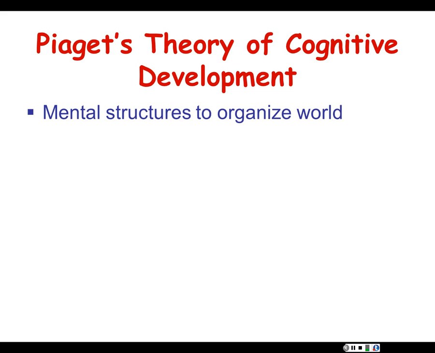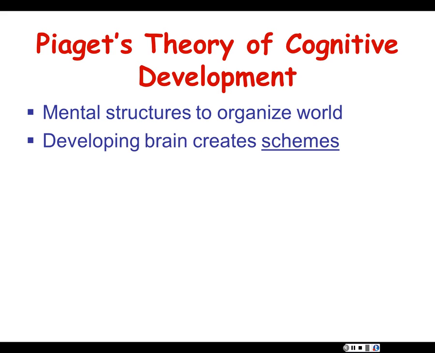So in every stage of development, in his entire theory of cognitive development, we go through this process of concept formation. What we're doing is we're developing schemes or schemas. It kind of depends on the translation that you're reading, whether you read schemes or schemas. It means the same thing.